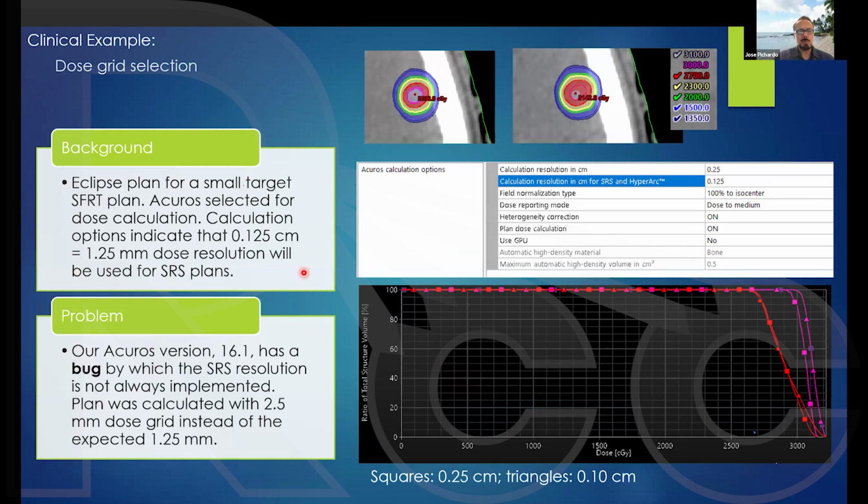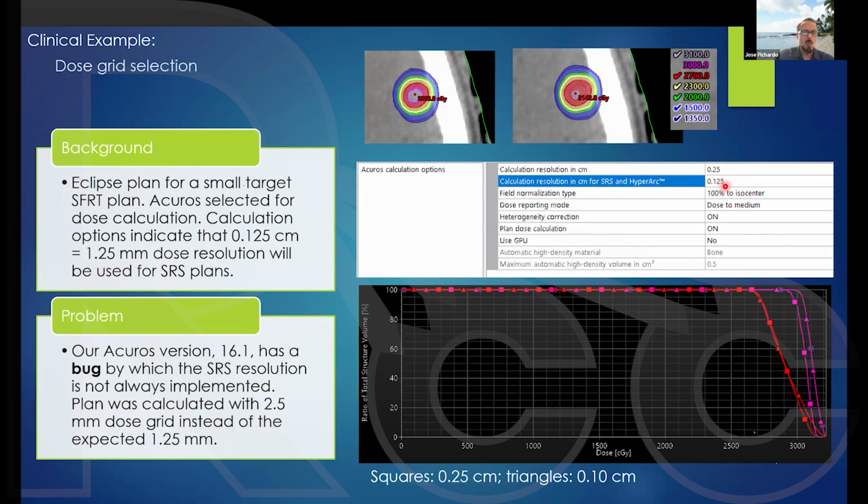All right, here's an example of something that happened to me that is very important. Something that you wouldn't think to check, right? And that has nothing to do with treatment plan quality or any of the other factors, but it's more of a bug in the program, right? So Eclipse, if you have version 16.1 or previous to that, there's a bug in the program. When you look at your calculation options for Acuros, see how it says calculation resolution in centimeters 0.25, and then it says calculation resolution in centimeters for SRS and HyperArc 0.125.